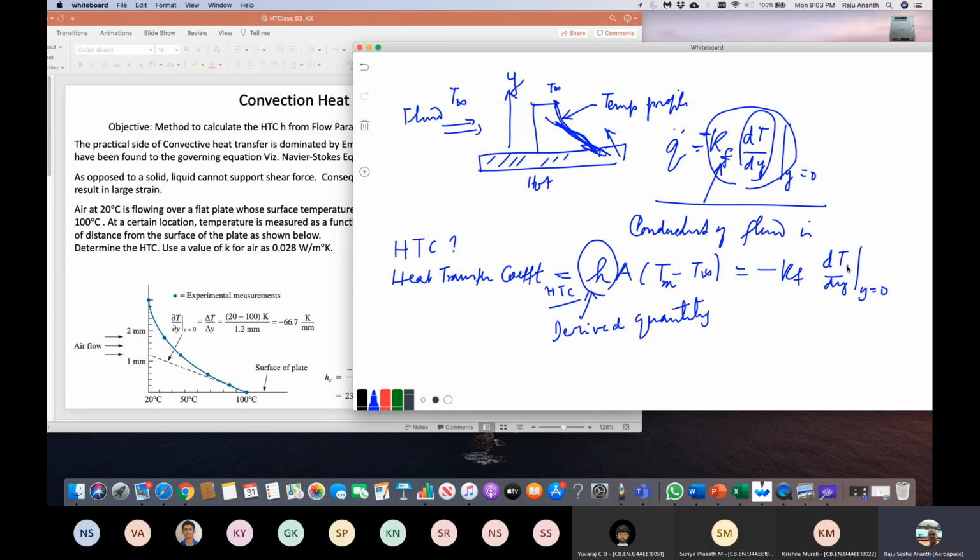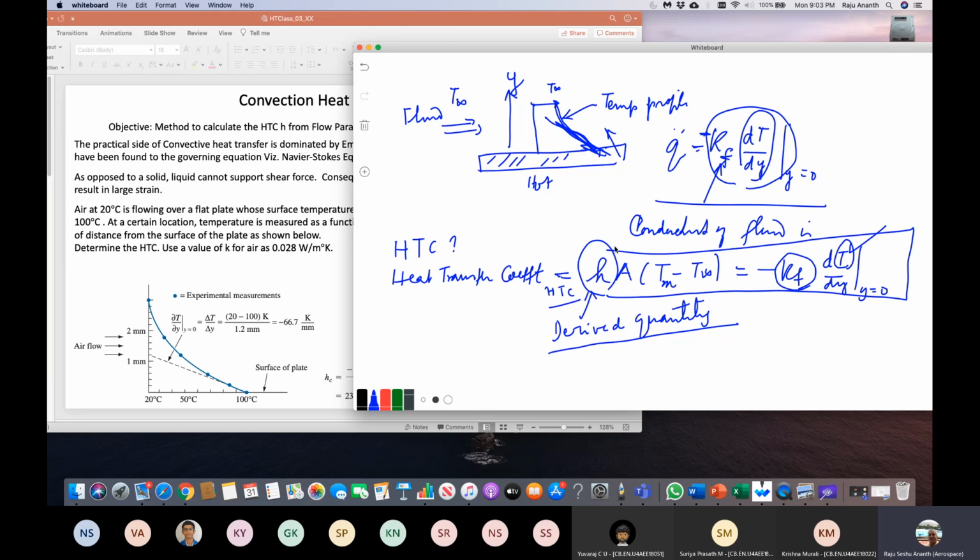Okay, so if I know the thermal profile, then knowing the conductivity of the fluid, I can define an equivalent heat transfer coefficient. That basically made the problem simpler, that's all.